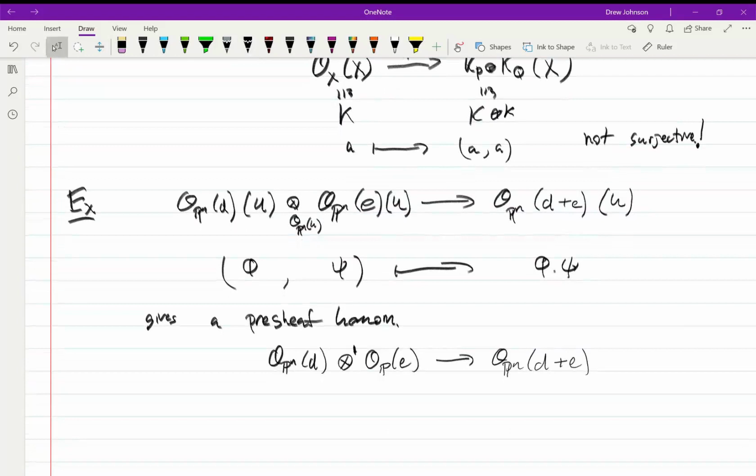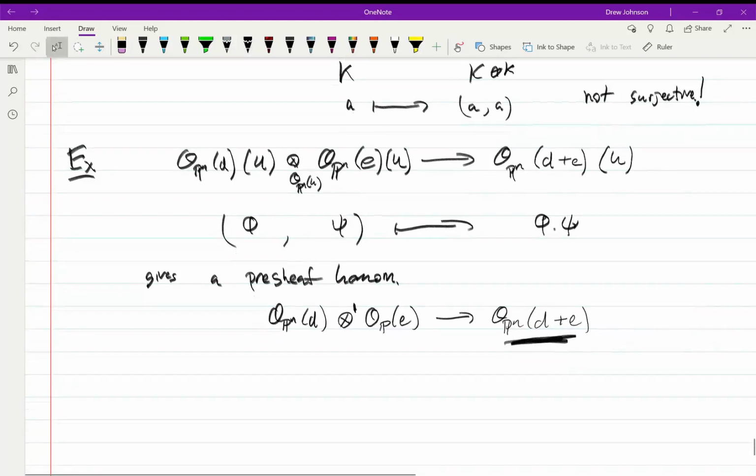But the point is that this right here is a sheaf. So we had an exercise that I stated about the universal property of sheafification. It says if you have a map from a pre-sheaf to another sheaf, then it must factor through the sheafification.